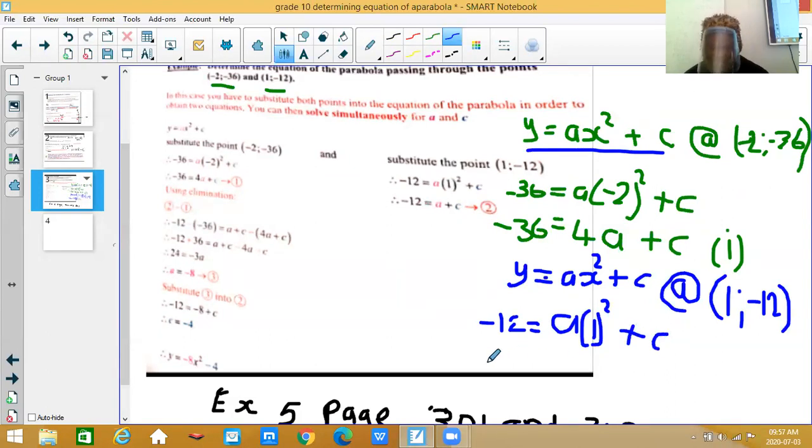What is our equation there? 1 squared, what's the answer? A. A plus c. Are you seeing it? This one is equation 2.